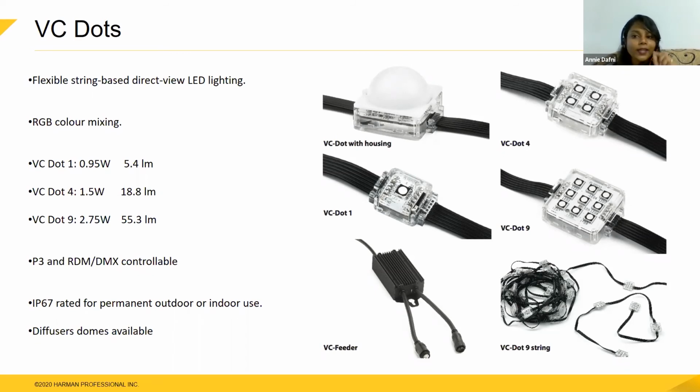So the VC.1 has one LED dot, and the VC.4 has 4 LEDs, and the 9 has 9 LEDs, which gives a much brighter output. And here again, they can be driven through the P3 or RDM or DMX if you don't have any videos that need to be played and you want to do simple color changing.